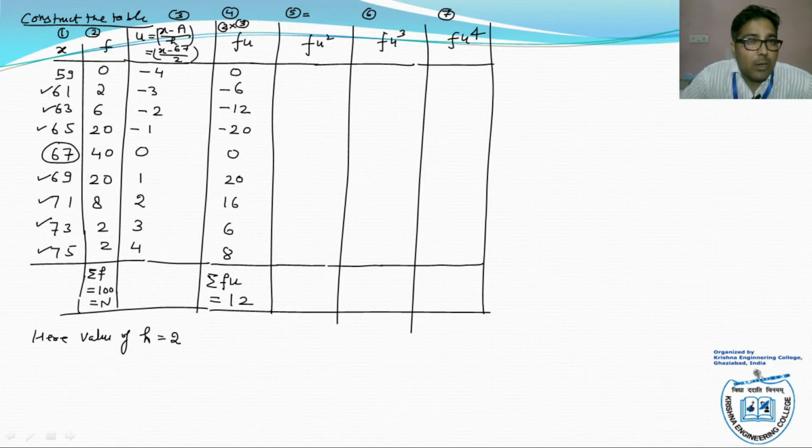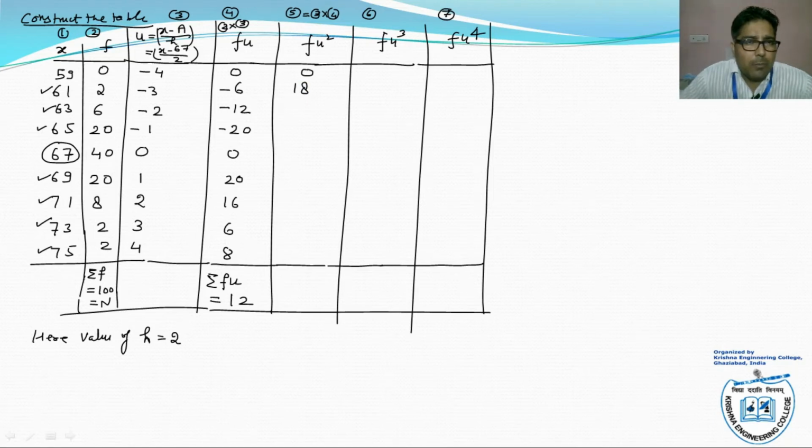This can be found as the product of fu into u. So this is the product of column 3 into column 4. The value of fu is 0, the value of u is this, so this becomes 0. The product of minus 3 into minus 6 becomes 18.